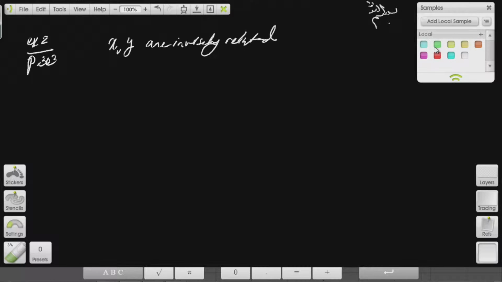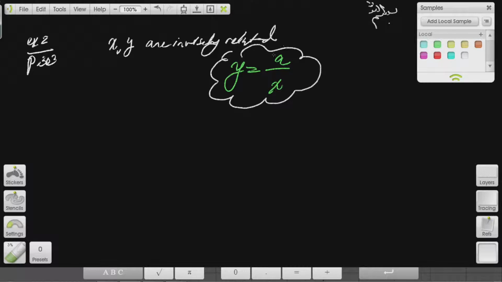If they're inversely related, then you can write the skeleton equation, so to speak, like this. In other words, the way they're related is going to be something like this. We don't know what a is, but it's going to look something like that. And then we're told that when x is 4, then y is 7.